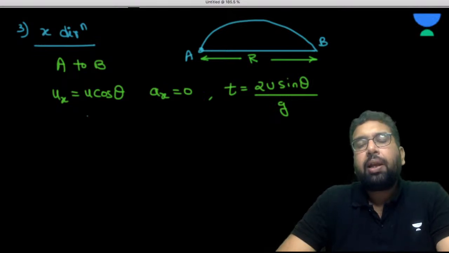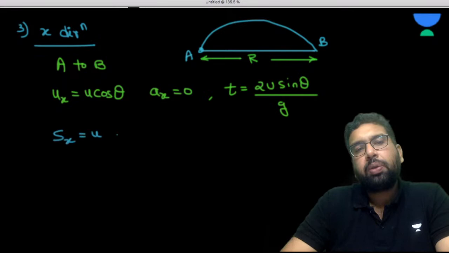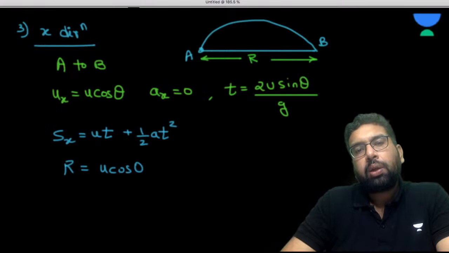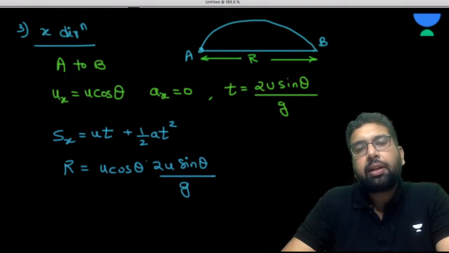Now, if I apply the equation of motion, that is sx is equal to ut plus half a t square. So, sx is going to be R, u cos theta times t. What is this t? We know it is 2u sine theta upon g, and a is 0 in the x direction. So, this will become 0.